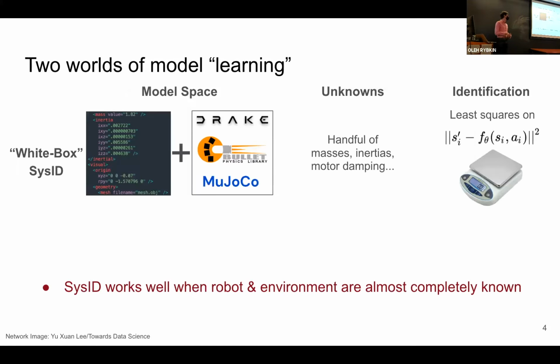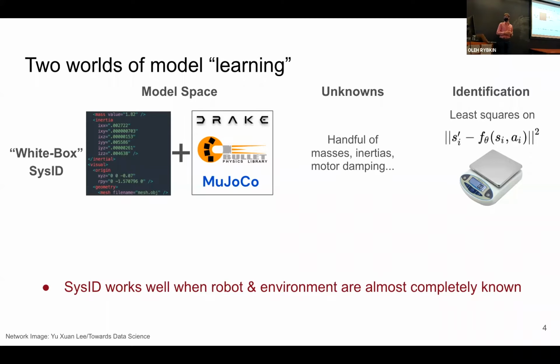If you're in a lab environment and you know exactly how your robot behaves because you built it yourself, or you have good specifications from the hardware manufacturers, you know exactly the objects that you are going to be looking to manipulate, then there isn't really that much left to learn, right? Maybe you need to know a handful of masses and lengths, and we have plenty of ways where you could fit those to some data with least squares, or you could just break out a scale and a measuring tape. And it's incredibly reliable.